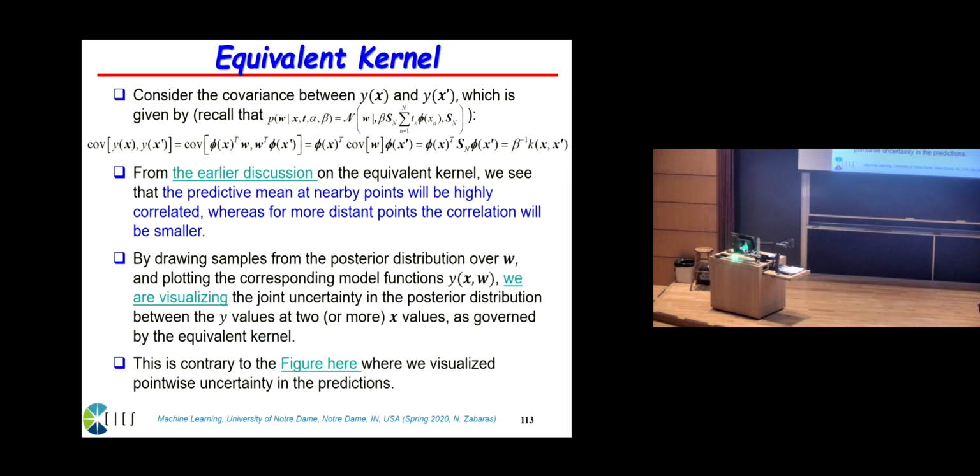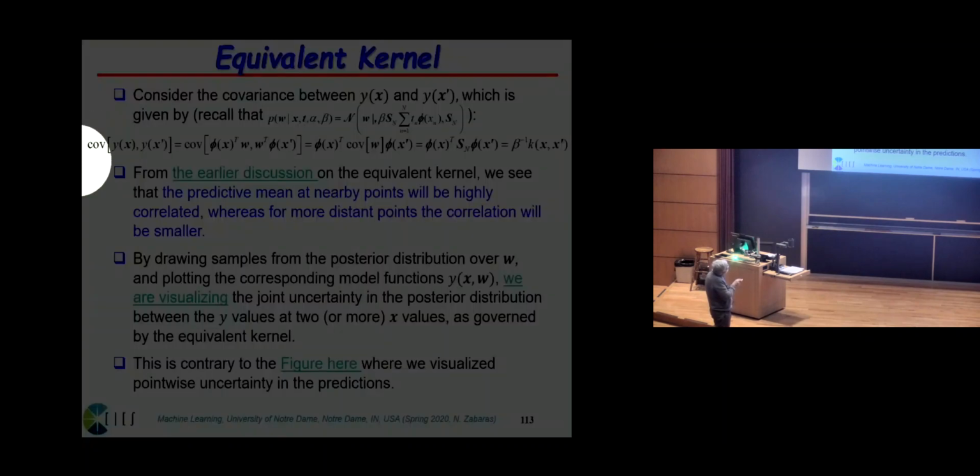So even though k of x x prime really looks like a measure in the input space X, it actually gives you how the output correlates at the two points. This is extremely important. So later on, when we do, let's say, Gaussian processes, you will see this in every slide.